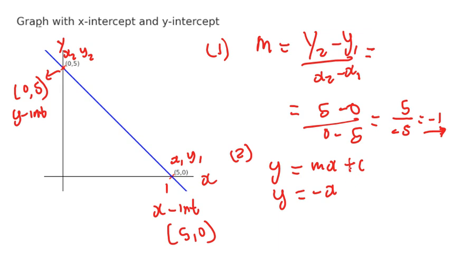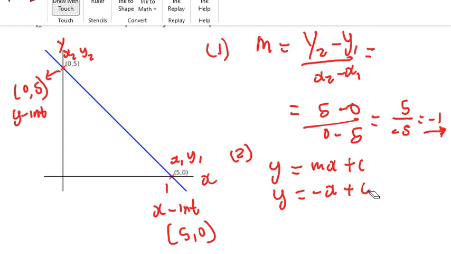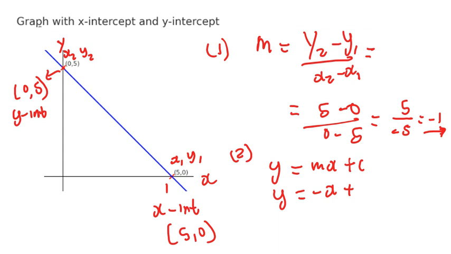We don't have to do the long way like before, where we used another point on the graph, substituted and solved for c. You don't have to do that. Here we have our y-intercept already, so we can just find our value of c.